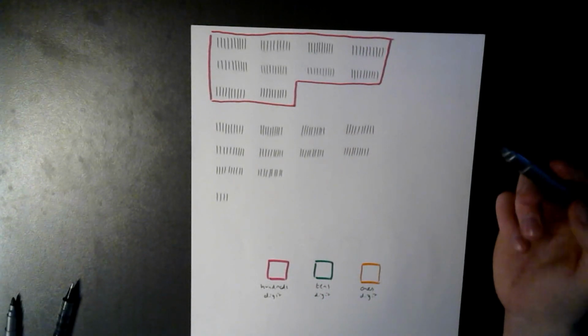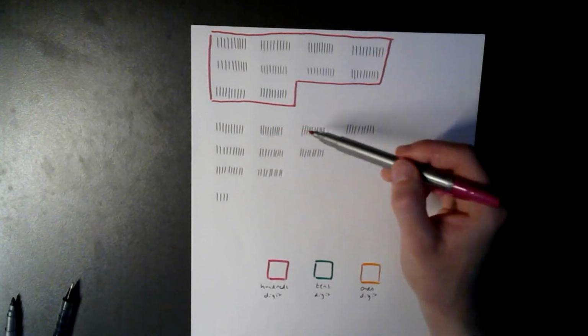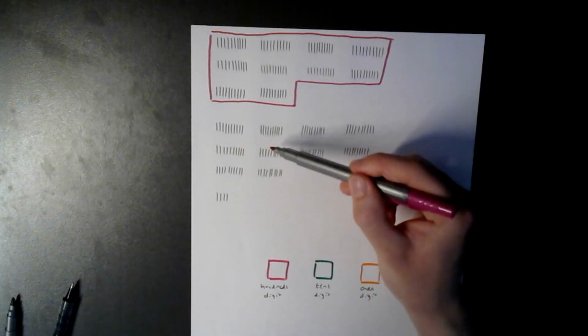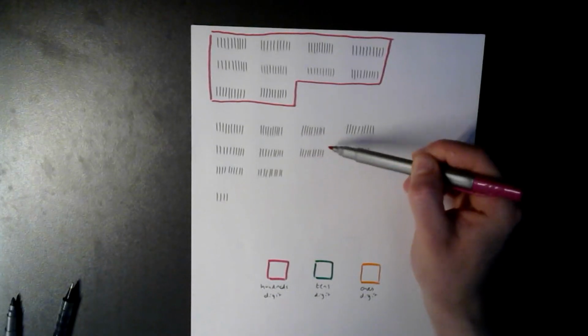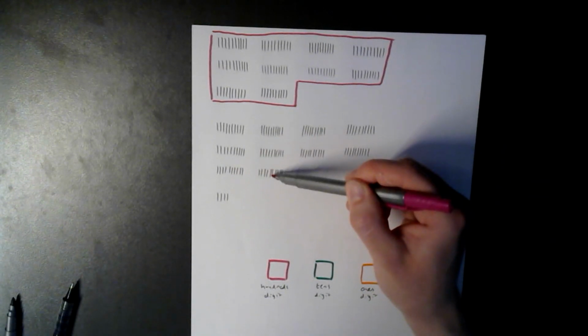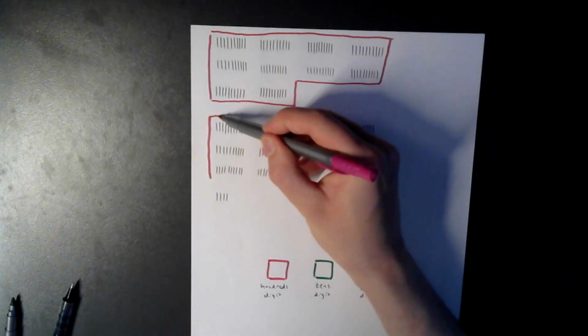Let's look again how many tens there are. 10, 20, 30, 40, 50, 60, 70, 80, 90, 100. So there's 100 there.